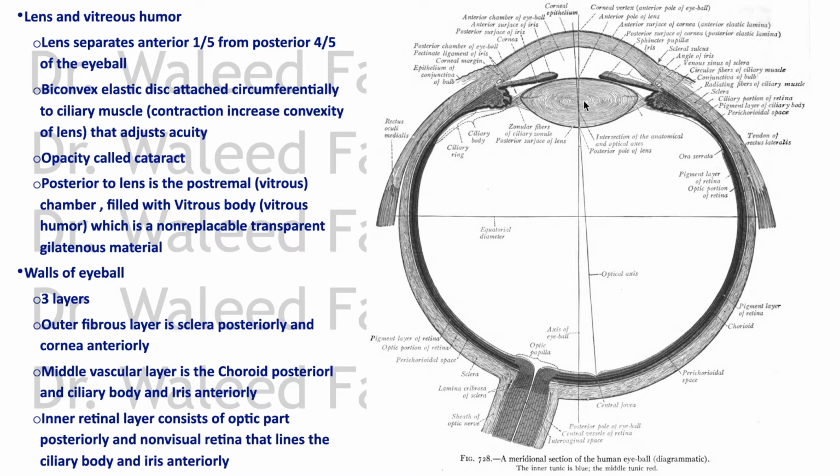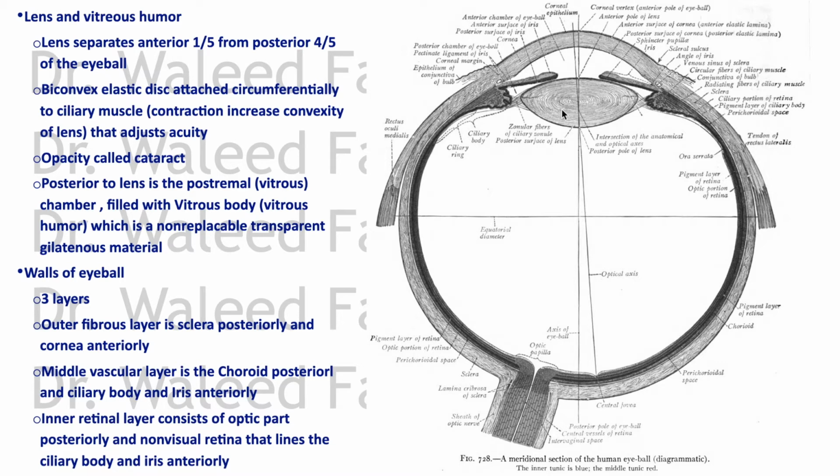It's a biconvex lens with more convexity to the back, facing the vitreous humor, and it's the one that refracts light to the fovea here on the back in the retinal layer. The opacity of the lens is called cataract, and this is because of denaturation of the proteins forming the lens with age. Okay, with age.